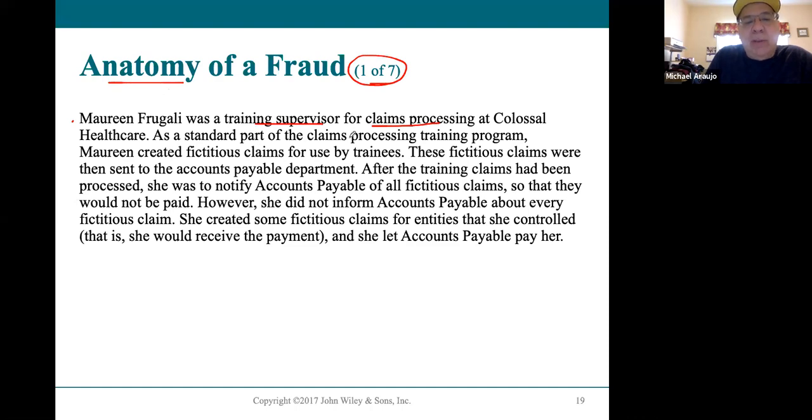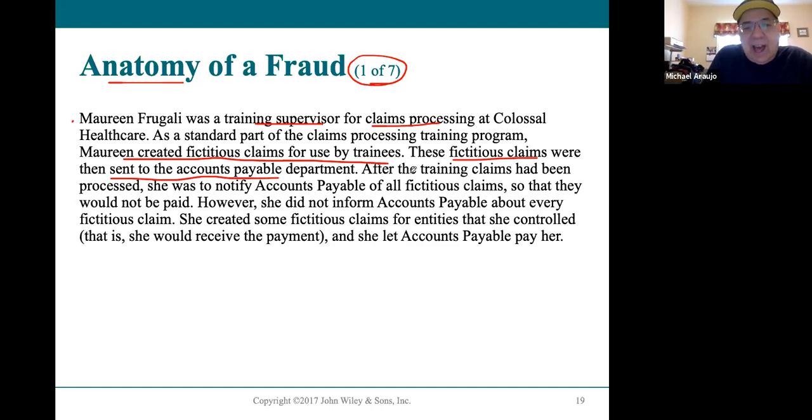As a part of the claims processing training program, Maureen created fictitious claims, so false claims, so the trainees can use them. However, these fictitious claims were sent to the accounts payable department.